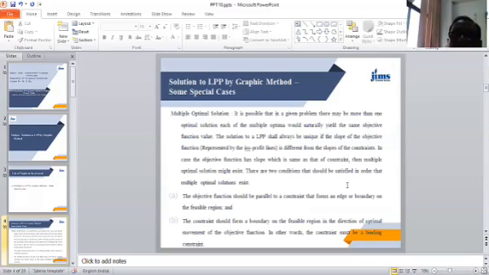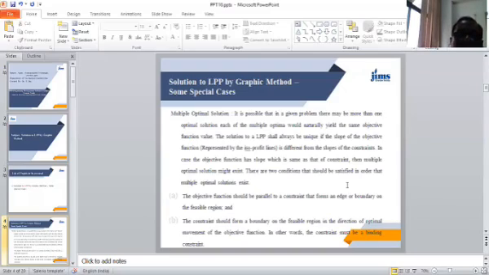So there are two conditions which are to be satisfied in order that a linear programming problem has multiple optimal solutions. Number one, the objective function should be parallel to a constraint that forms an edge or boundary in the feasible region.